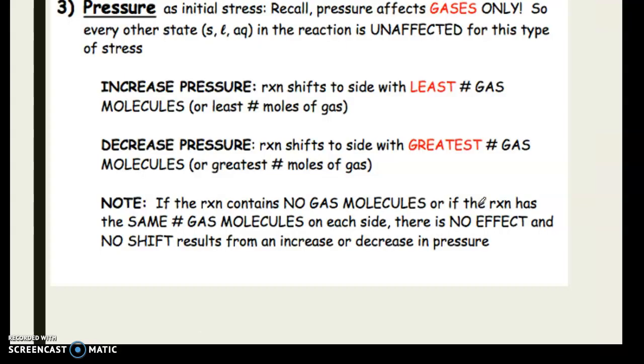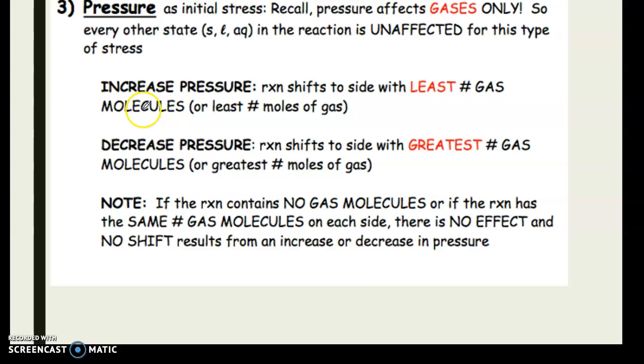Now, remember, pressure only affects gas. If the chemical reaction does not have a gas, we cannot conduct a shift. When we increase pressure, we're going to shift to the side with the least amount of gas molecules, the least number of moles.